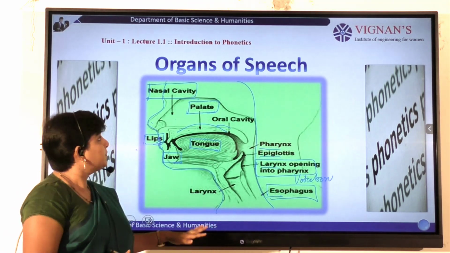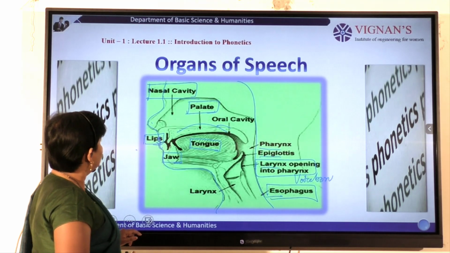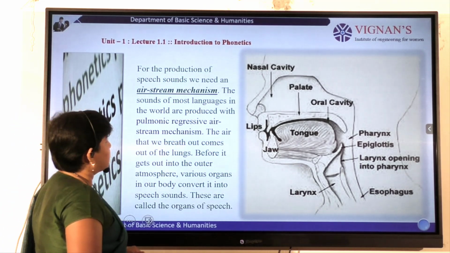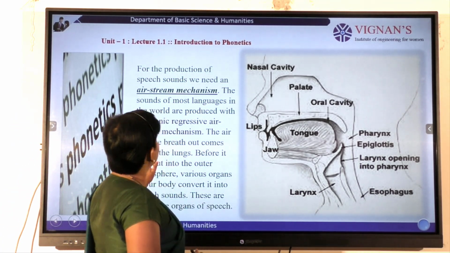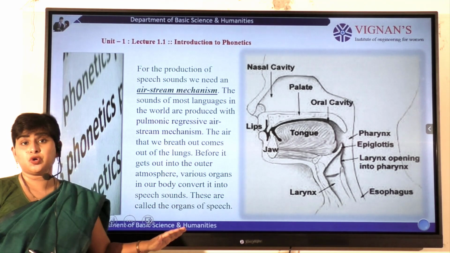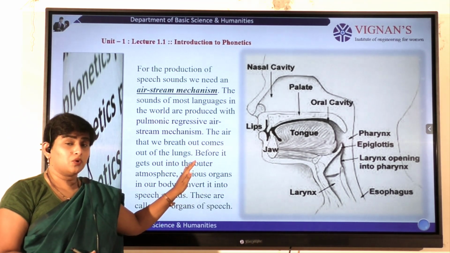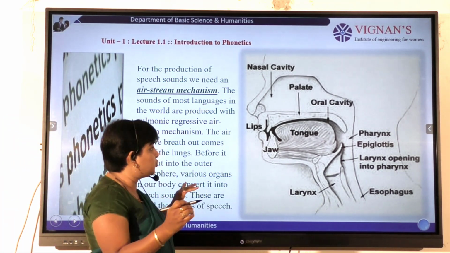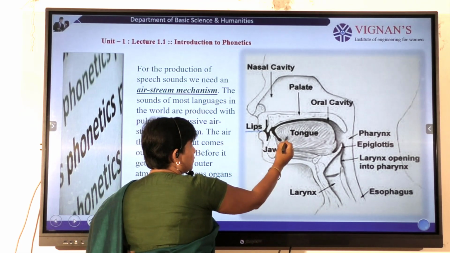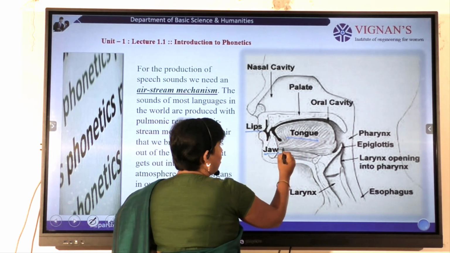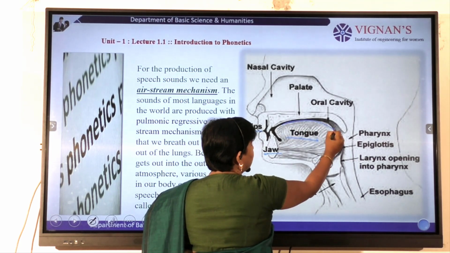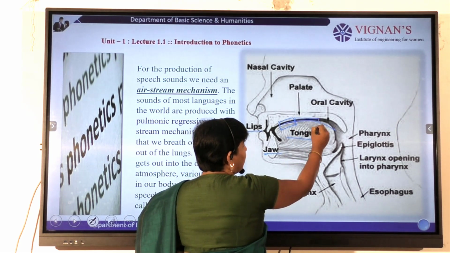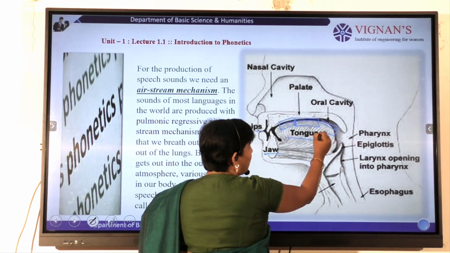Now let us focus on the organs of speech. Moving on to my next slide. This is the main slide that I want to talk about when you talk about oral speech organs. As I have already said, this is the lips, tongue, jaw, palate, the roof of the mouth. Here we have the alveolar ridge, the hard palate, and the soft palate too.